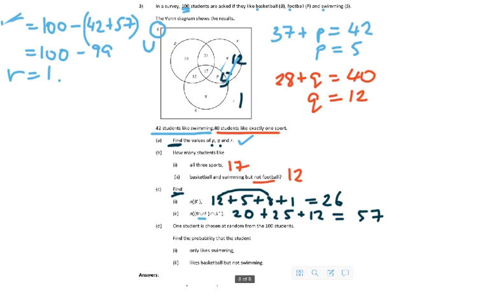So it's all been set so far, and finally in D we're going to get to some probability. So we're asked to see one student is chosen at random. That's important. At random from the 100 students. So we're going to find, here's another command term, so we need some calculation. Find the probability that the student only likes swimming. So only likes swimming is going to be just this section here in the Venn diagram.